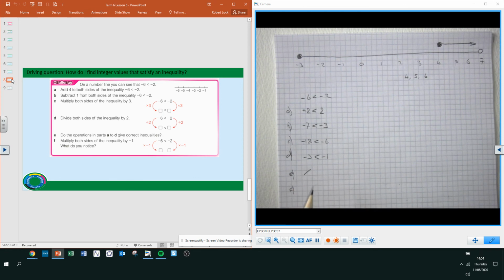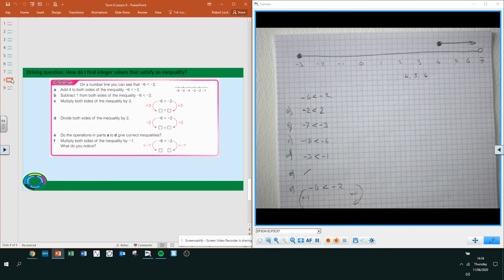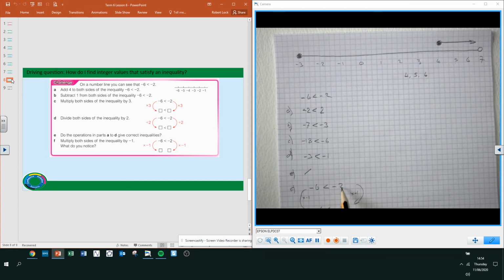F, multiply both sides of the inequality by minus 1. So minus 6, minus 2, you times it by minus 1. Minus and minus makes a plus. So 1 times 6 is 6, and then 1 times a minus is a positive, 1 times 2 is 2.